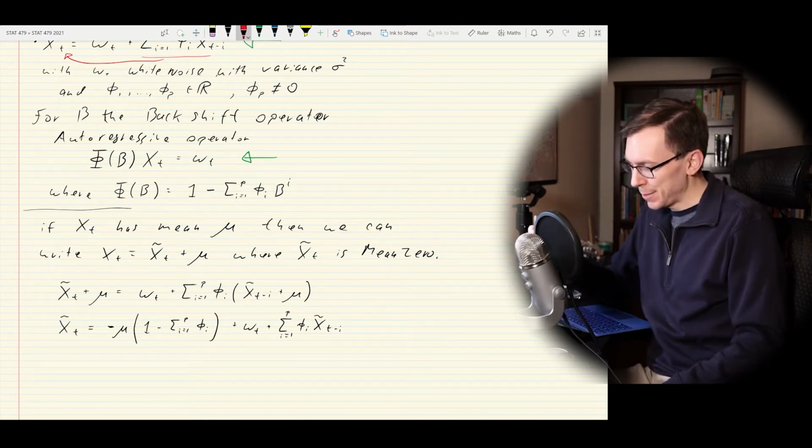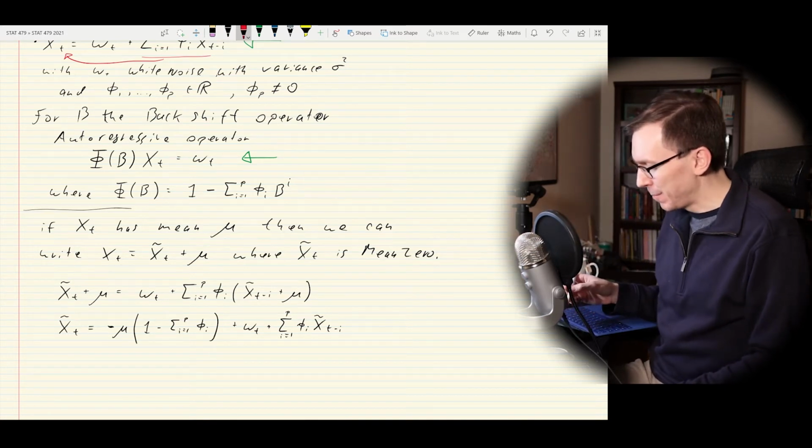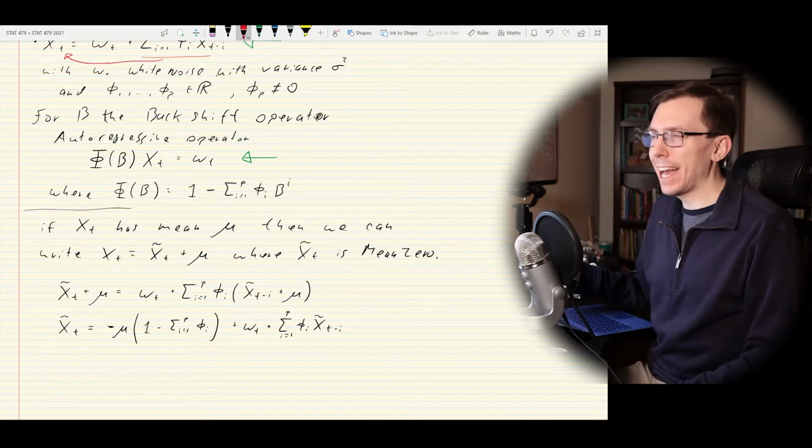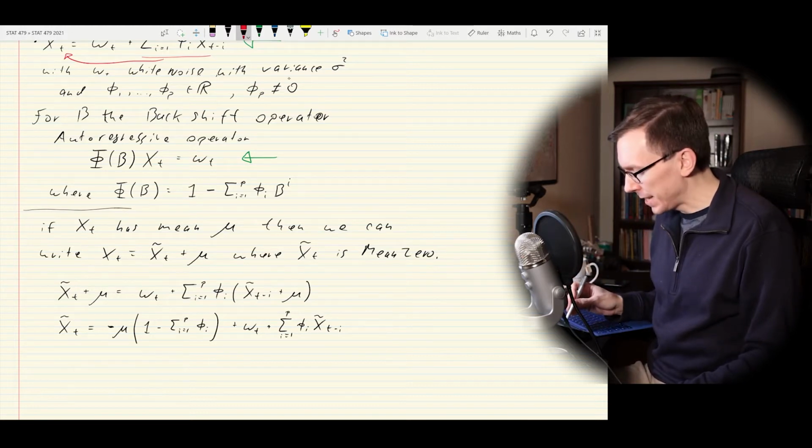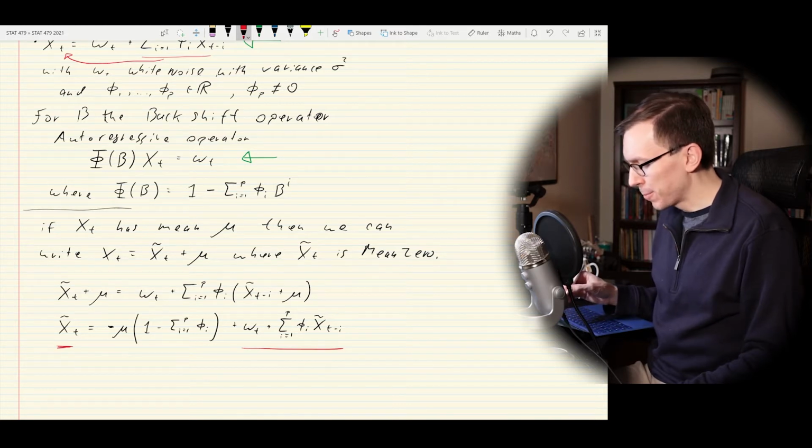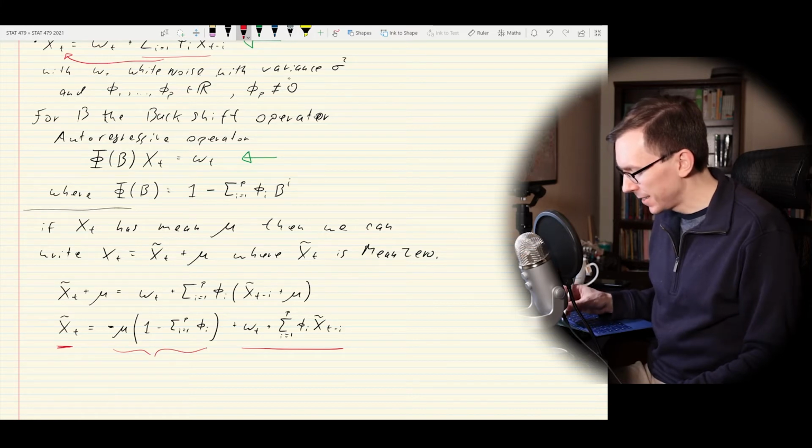Well, what we said is basically, if my xt does not have a zero mean, then it can be written in terms of a mean zero process with some extra constant added on. This is a constant term.